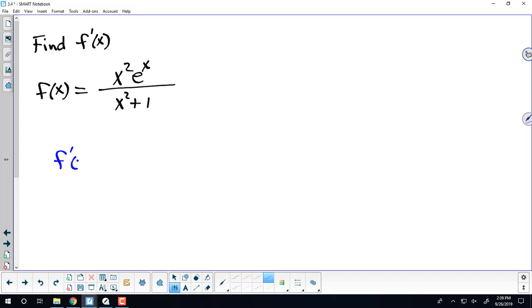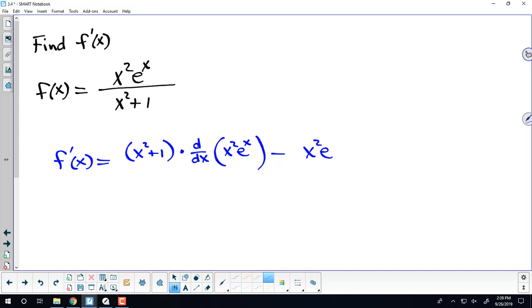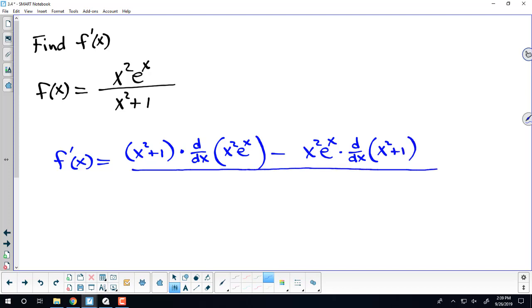And I think in this example in particular, the benefit of writing out the derivative explicitly as you say it is going to become evident. So the quotient rule: the bottom function times the derivative of the top, minus the top times the derivative of the bottom, all over the bottom squared.